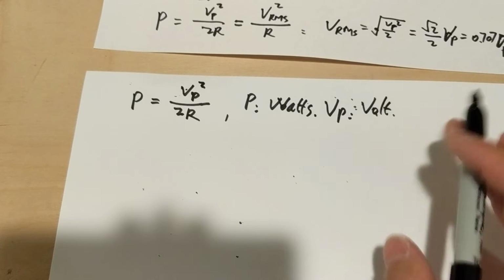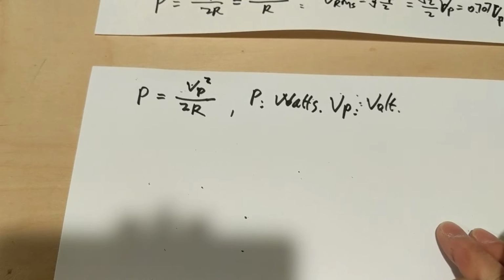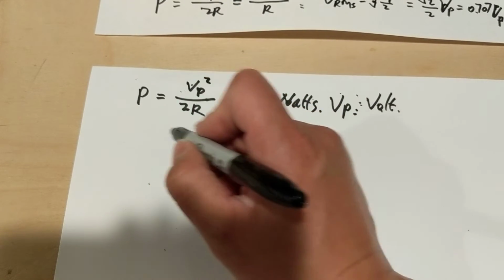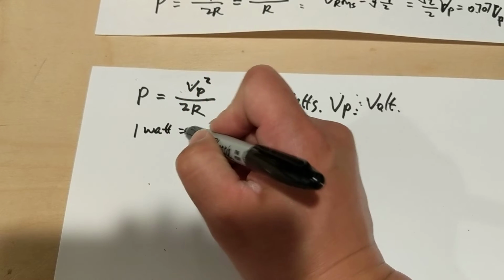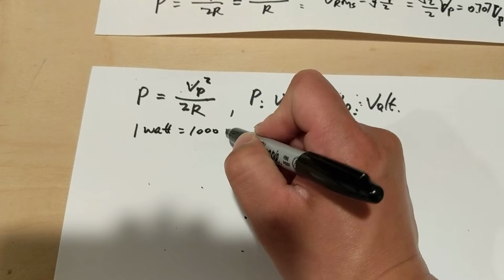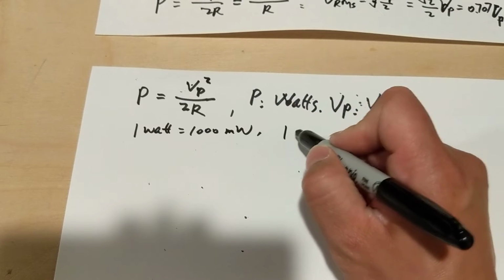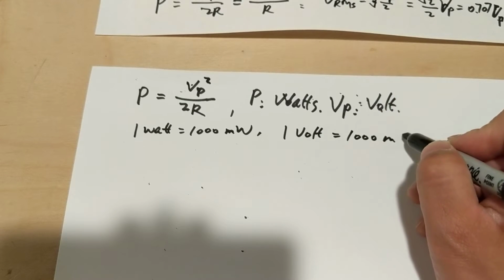Normally we don't do that. The signal is so low that watts is too high, so we use milliwatts. So 1 watt equals 1000 milliwatts.